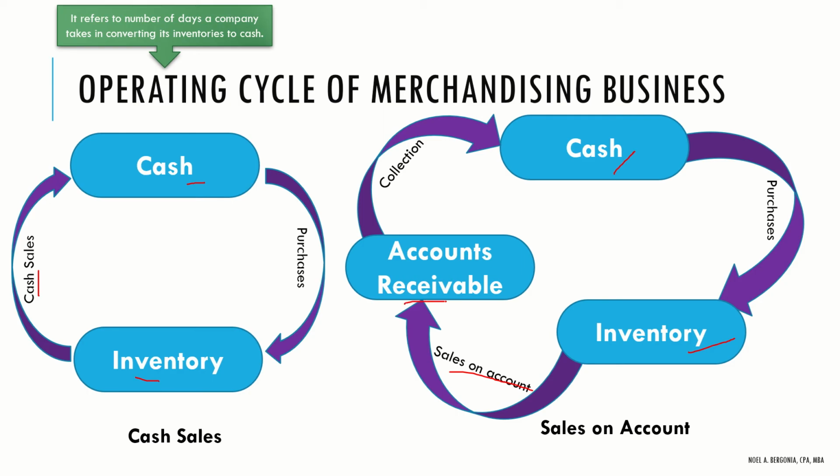After some certain dates, that accounts receivable will be collected and again becomes cash, which will be used to purchase and sell again and then collection. So it again becomes a cycle. These are our operating cycles for merchandising business.